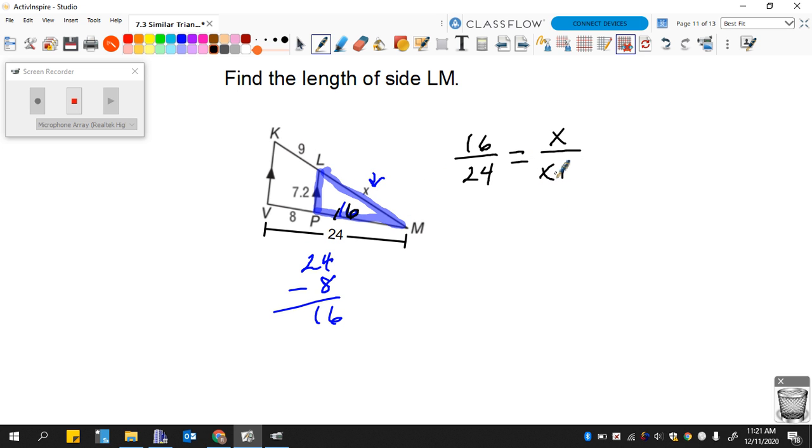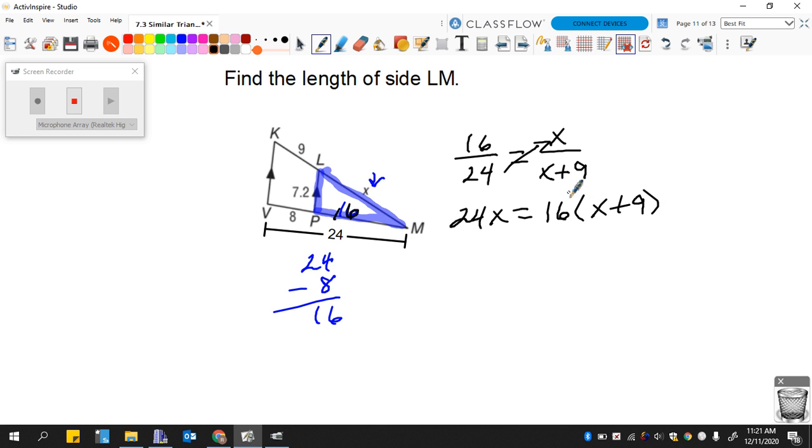So we have x plus 9. This has got several different complications to it, but if you think about the small one and the large one, it makes sense. So cross multiply here. 24 times x is 24x, equal to 16 times x plus 9.